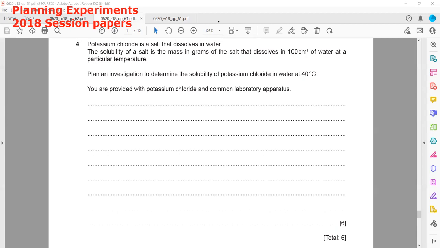Or there's also another way, like initially we measure the mass of the solute and we add it and filter the undissolved one, and we take the difference of the two masses to know how much is dissolved. So how can we carry out this experiment, we'll take 100 cm cube or 10 cm cube of water by measuring cylinder.